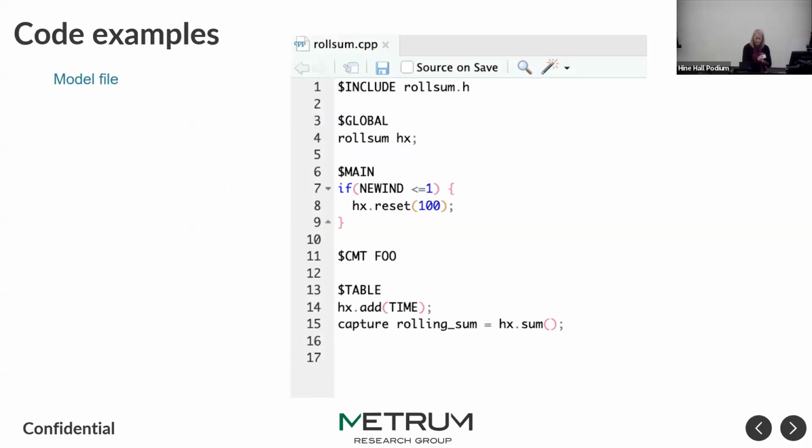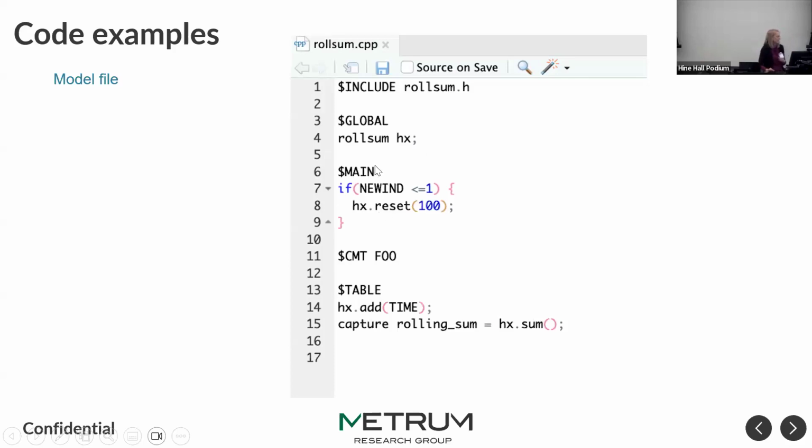Then when we look at our model file, all we need to do is simply include our header file in that include block up at the top. In the global block, we pull in our functions and give them an object name, hx. Then we can just use this hx suffix to pull every function from that header file.